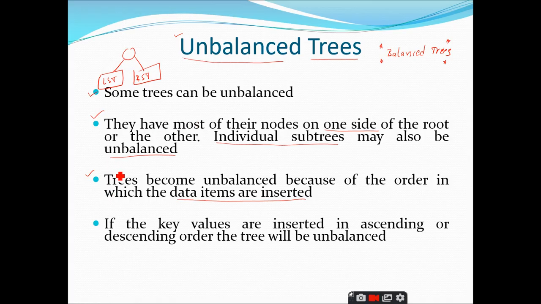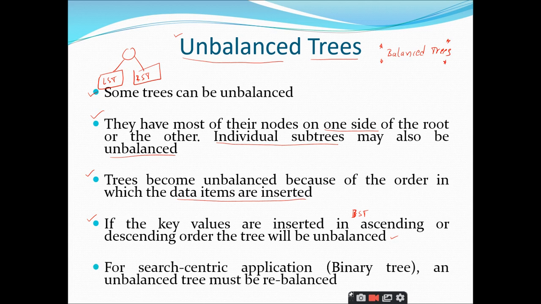If such a situation arises, it is mandatory that you balance the tree. If the key values are inserted in ascending or descending order, then the tree will become unbalanced. This is in the case of BST. We'll see how the tree becomes unbalanced when we insert the values in ascending or descending order. Right. So up to this point, is it clear?